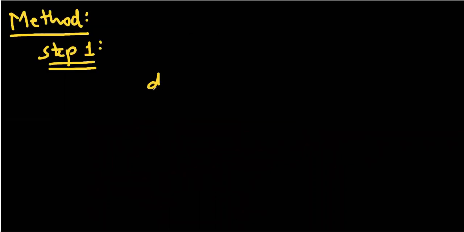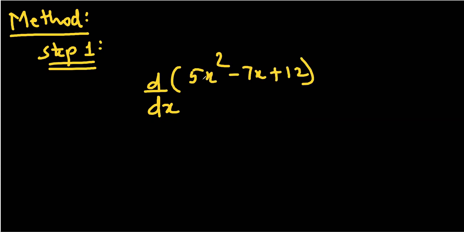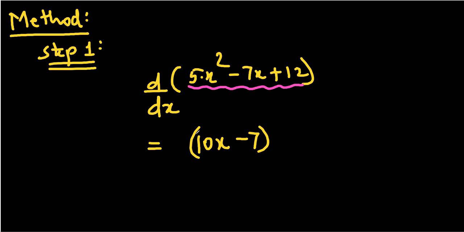For example, d by dx of 5x square minus 7x plus 12. The derivative of 5x square is 5 into 2x, that is 10x, minus 7. So whenever a quadratic is differentiated, we get a linear expression.